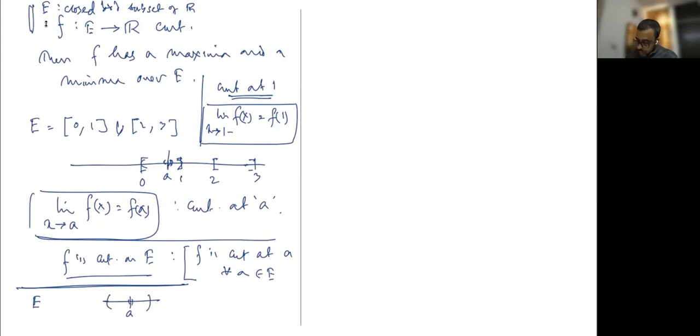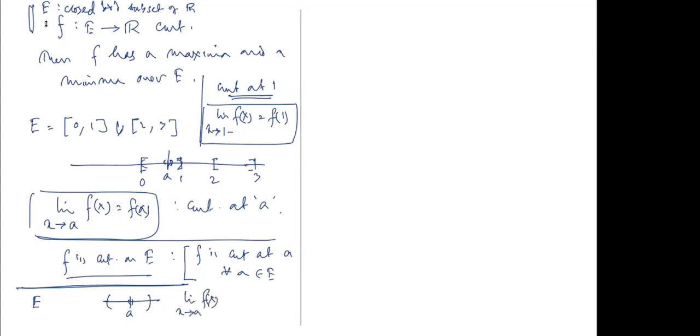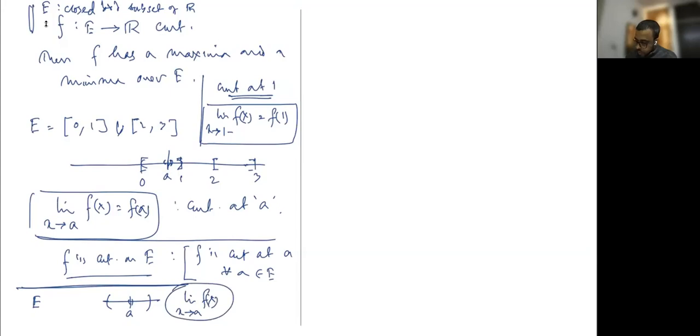But at that time I had remarked that in order to define this quantity, f should be defined on a set E, and a should be a limit point of E. In such a situation, you can define the limit of a function as x goes to a.